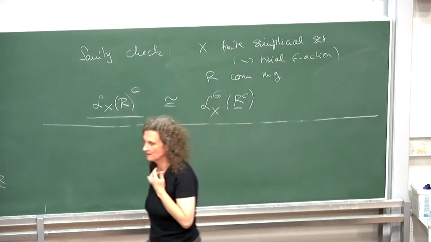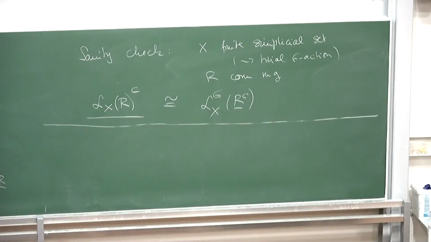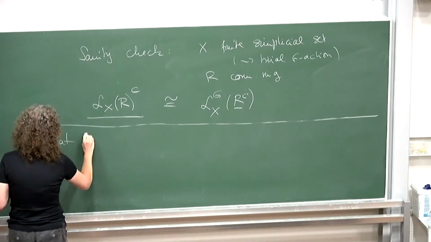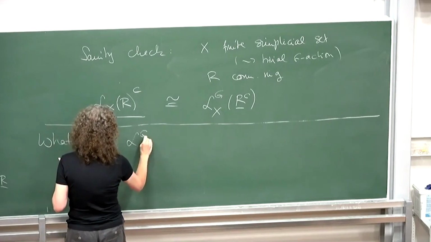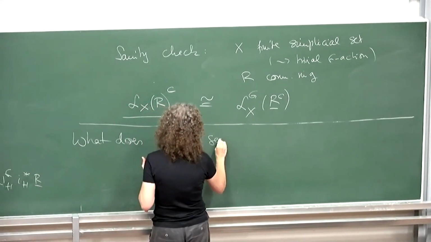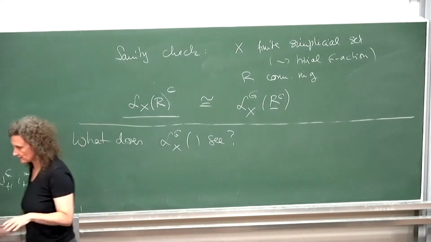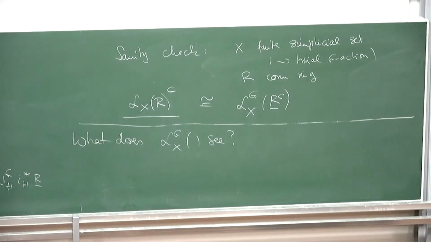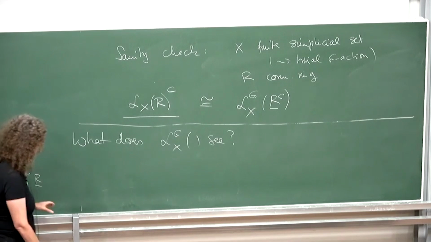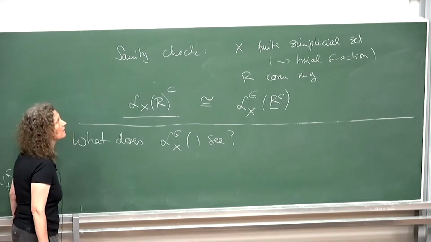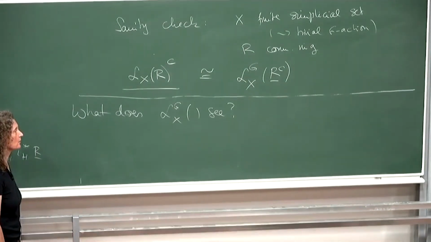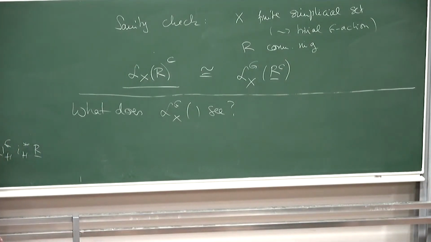So what does this Loday construction see? Well, now you have sort of two variables. You have the Tambara functor and you have the finite simplicial G-set. One example I want to do tells you it heavily depends on what the isotropy behavior is.